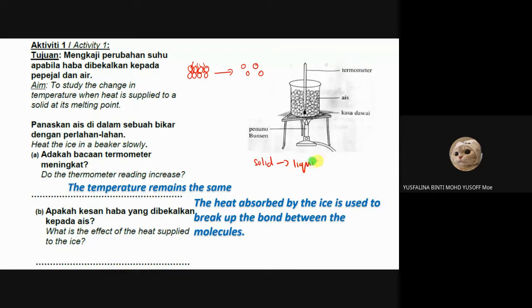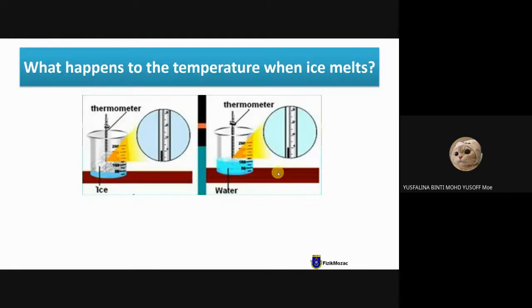Solid to liquid, we call it latent heat of fusion. If liquid changes to solid, we also call it latent heat of fusion. Solid to liquid or liquid to solid, both use the same latent heat of fusion. Very good, Kai.